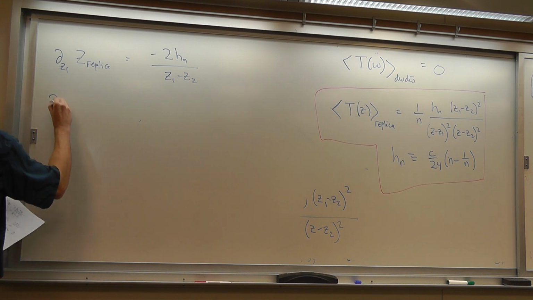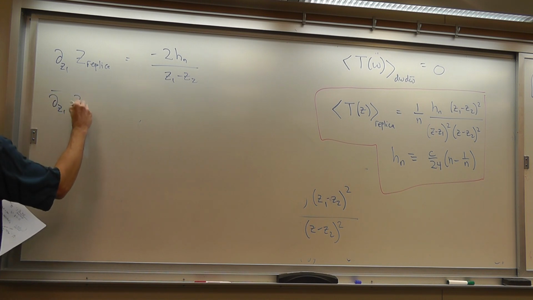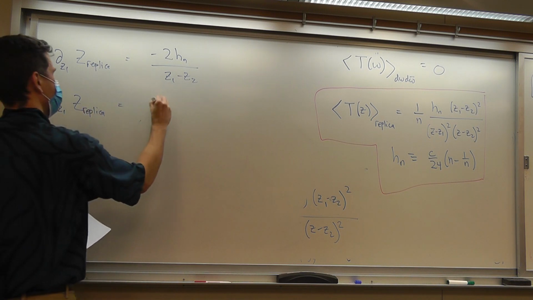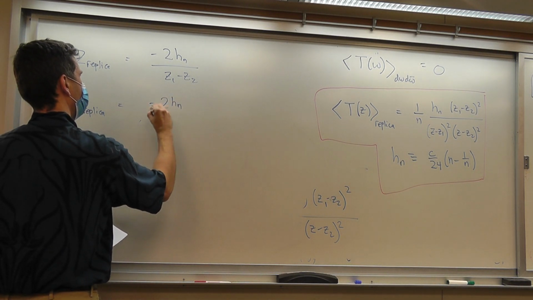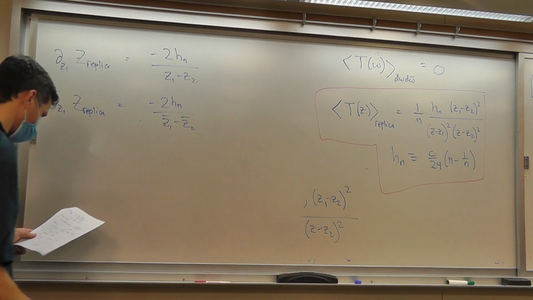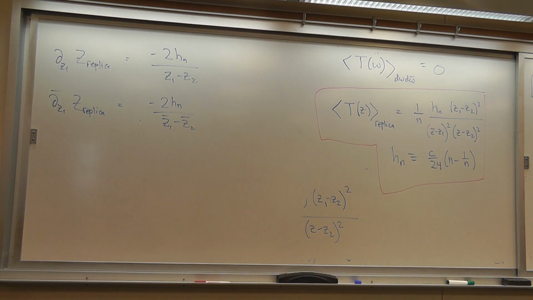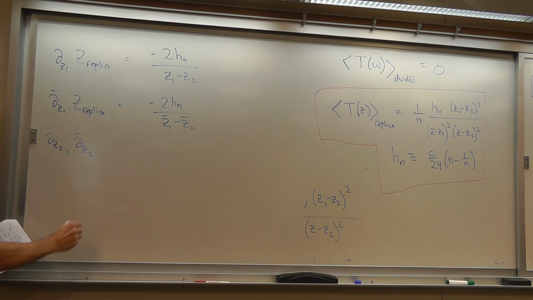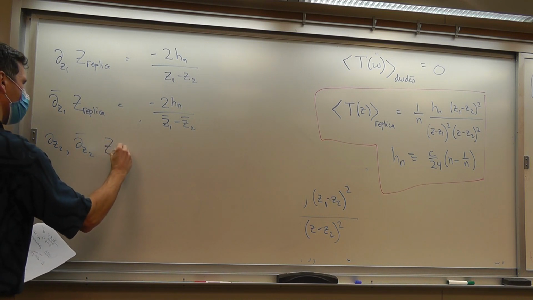You can do the same exact formula with bars. dz1 bar of z replica is minus 2hn over z1 bar minus z2 bar. And you can do the same thing for dz2 and dz2 bar of z replica.